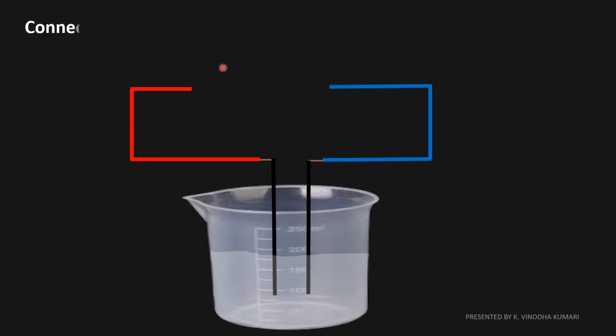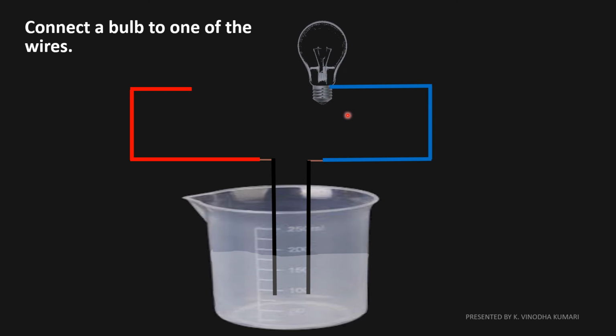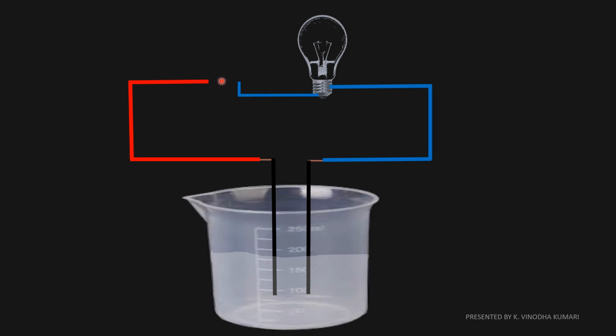Now we'll connect a bulb to one of the wires, just what we have done for the HCl as well as the H2SO4. Okay, yes, we have connected it. Now the next thing we have to do is connect the AC plug. We have to complete the circuit, isn't it?